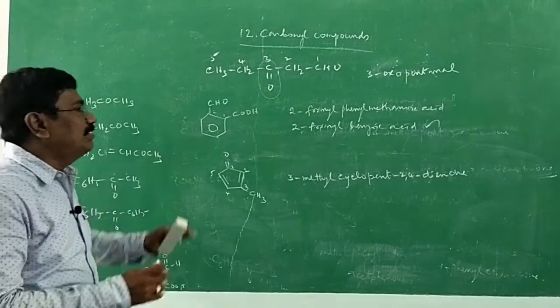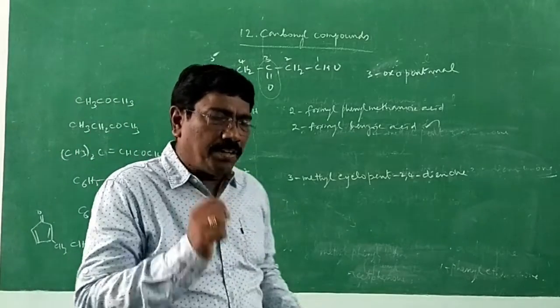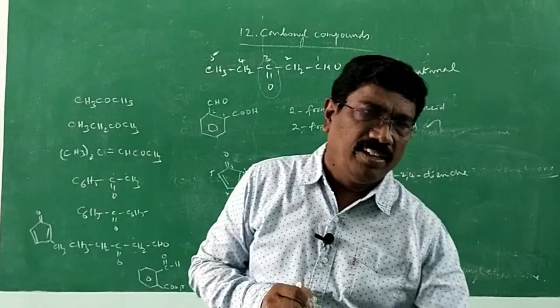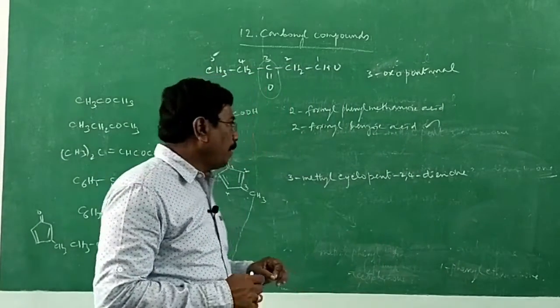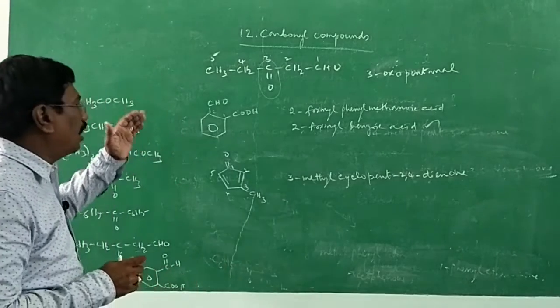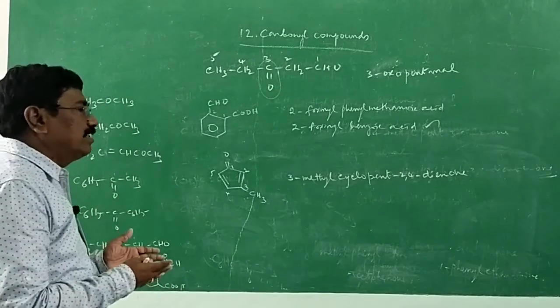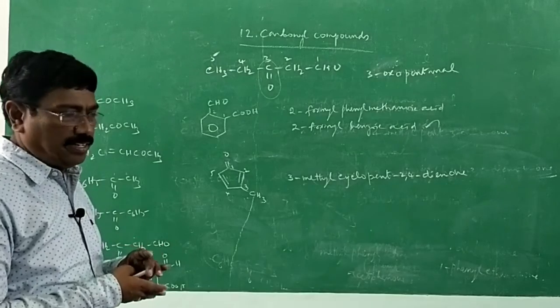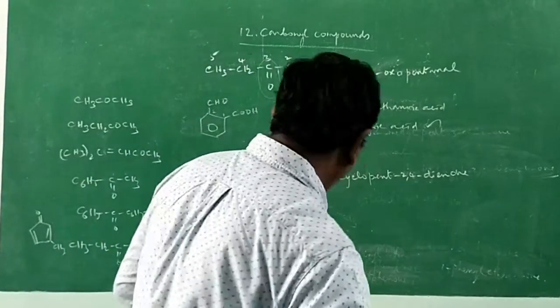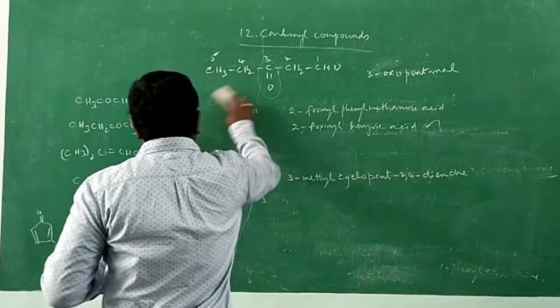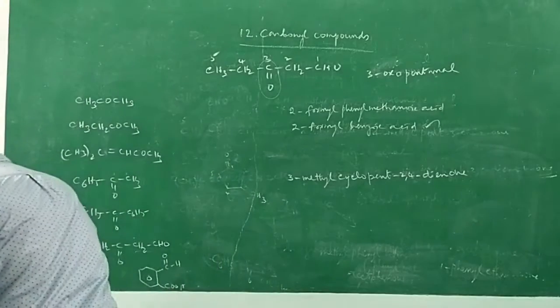So this is how, if we try a little bit, it is possible for us to assign IUPAC names for almost all the compounds. For few compounds we may not be knowing common names. Alright. Now few more examples are given under evaluate yourself.